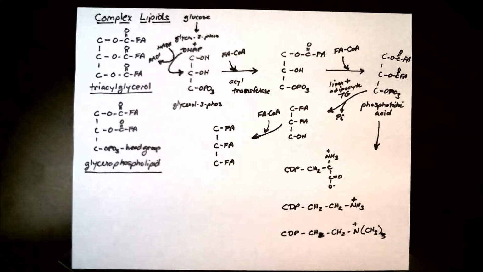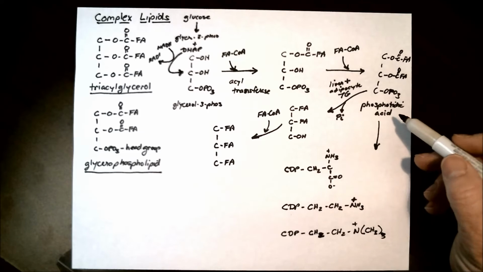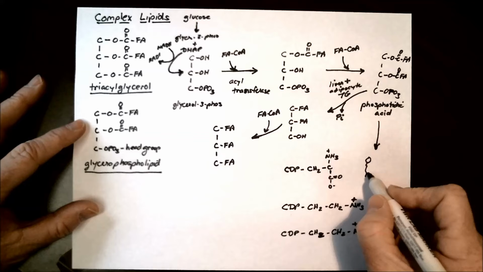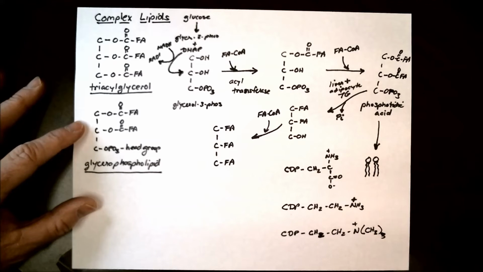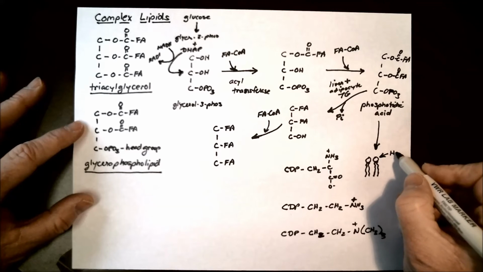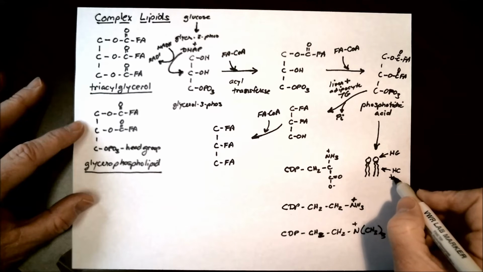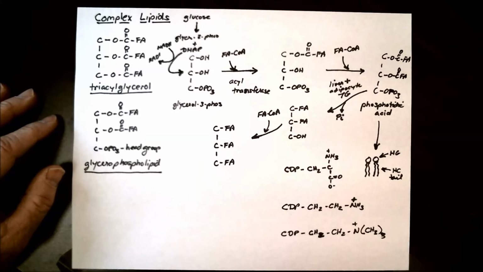Now these head groups, notice, have charges to them. These are the head groups when we talked about the bilipid membrane, and we have our structure that is typically drawn. This is called the head group. This is the hydrocarbon tail. The hydrocarbon tail will be in the intramembrane space.